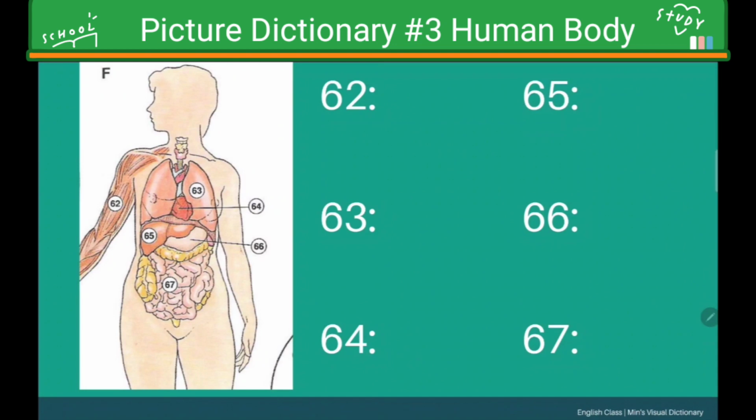Okay, F is the picture of our internal organs, and 62, we have our muscle, muscle, and the pronunciation is like that, muscle.